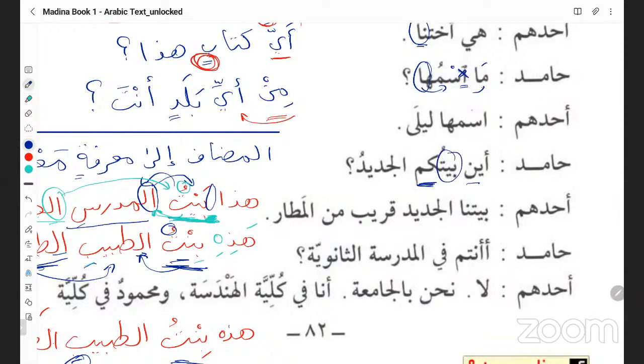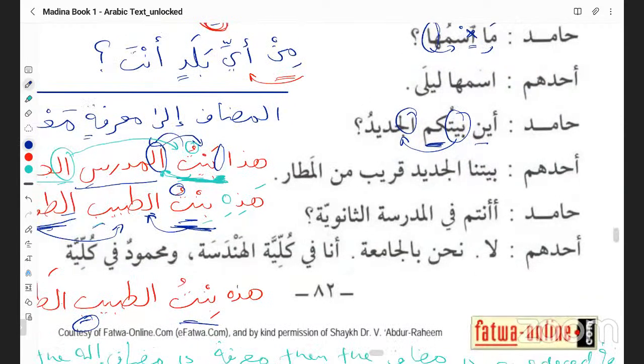And therefore the description of bait has to be معرفة as well, because bait, it is مضاف to a معرفة, and therefore its description will be معرفة. So something مضاف to a معرفة is considered to be معرفة. And therefore we say الجديد. So أين بيتكم? Where is your house? الجديد, the new house. So أين بيتكم الجديد? Where is your new house? Okay. أحدهم, one of them.